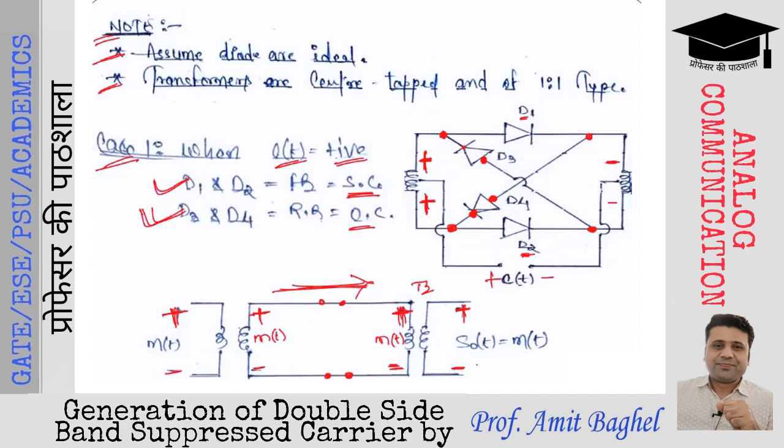So S naught T will be equal to MT when CT is positive. This is the case when CT is positive. So when CT is positive, output voltage will be equal to plus MT.